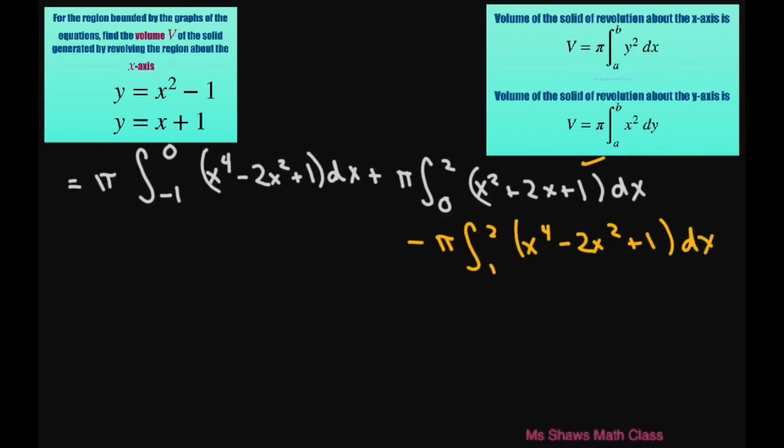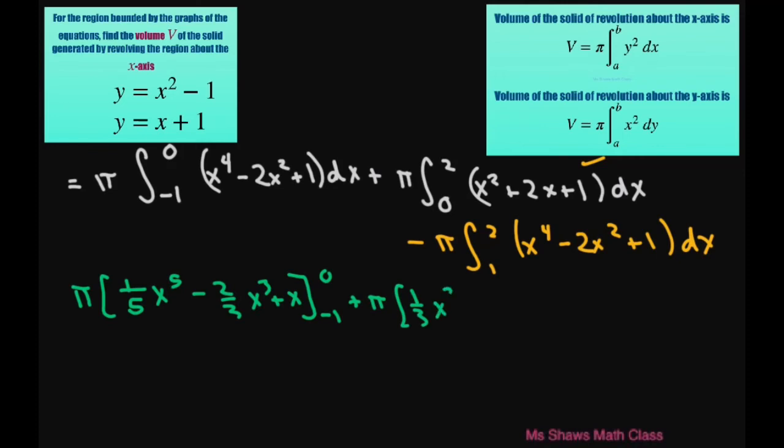All right, so let's integrate all this. This is going to be pi times 1/5 x to the power of 5 minus 2/3 x cubed plus x, from negative 1 to 0. Plus pi times 1/3 x cubed plus x squared plus x, going from 0 to 2.